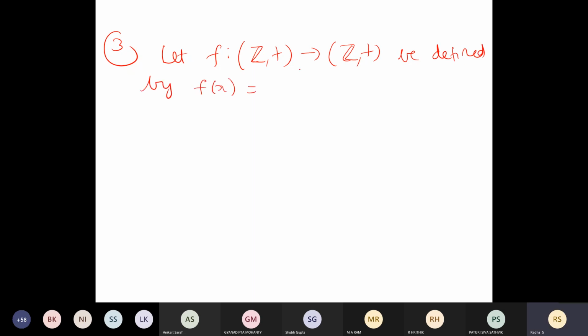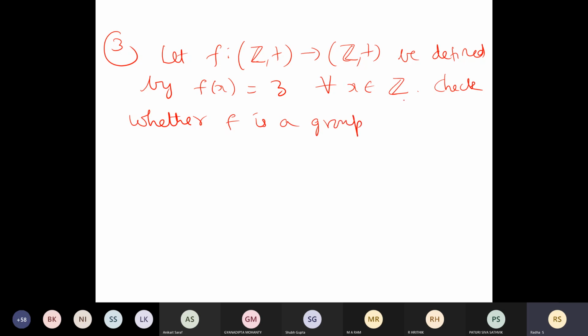Let f from Z comma plus to Z comma plus be defined by f of x is equal to 3 for all x in Z. Check whether f is a group homomorphism, because there are many homomorphisms here.